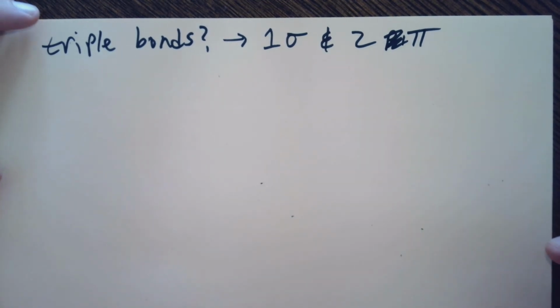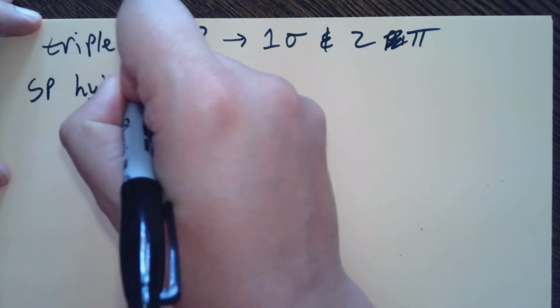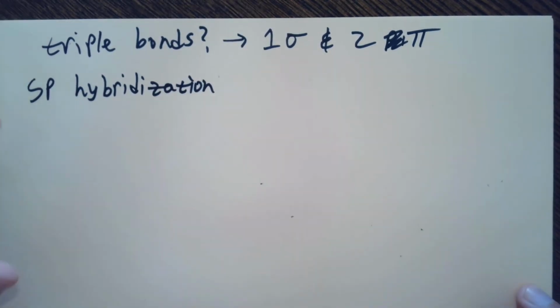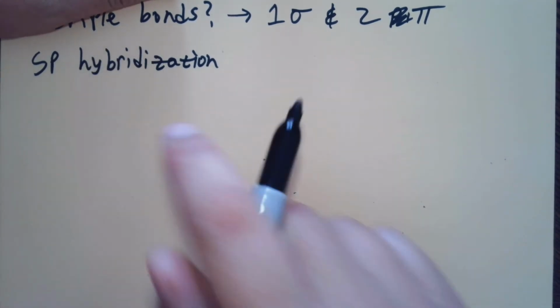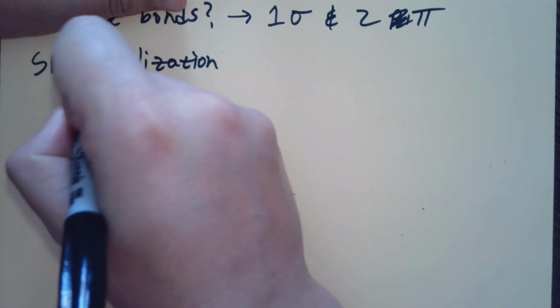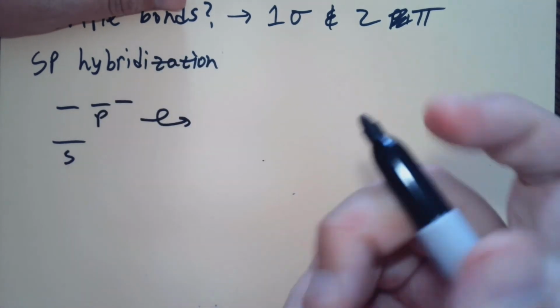All right, and we do this with sp hybridization. So now we're only going to mix one s orbital and one p orbital. So with sp, we have our s, we have our p, maybe it's 2s, 2p, 3s, 3p, who knows.